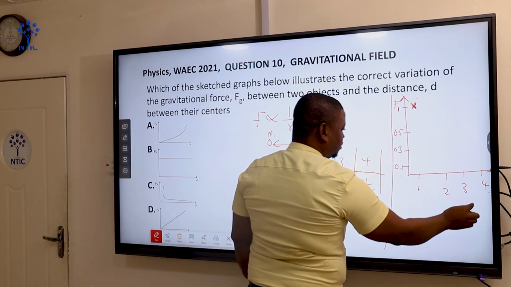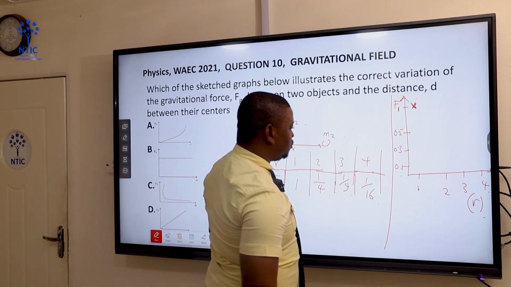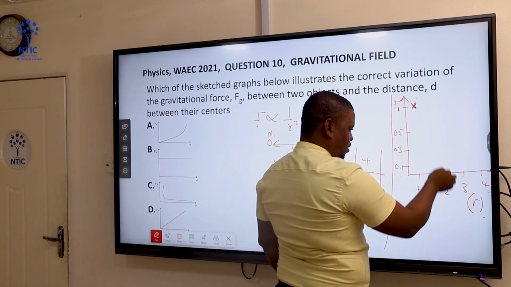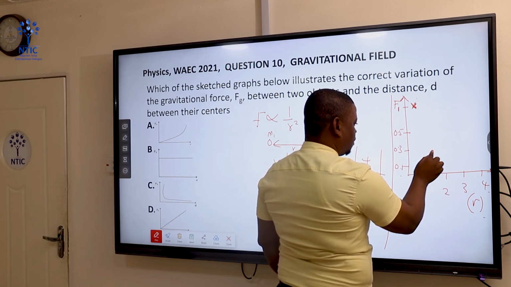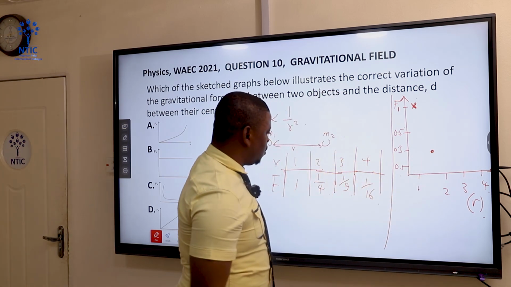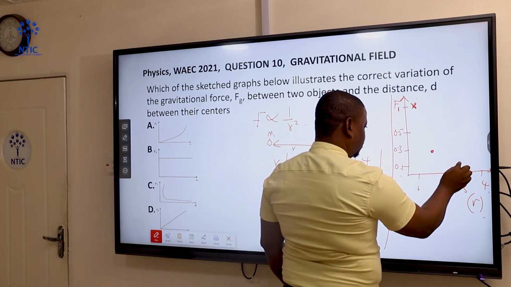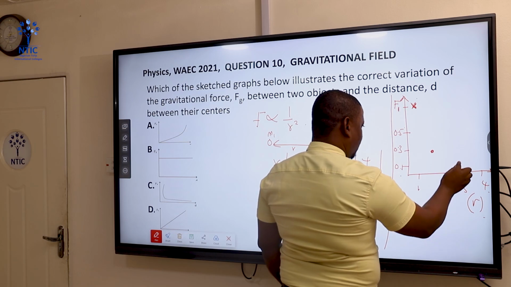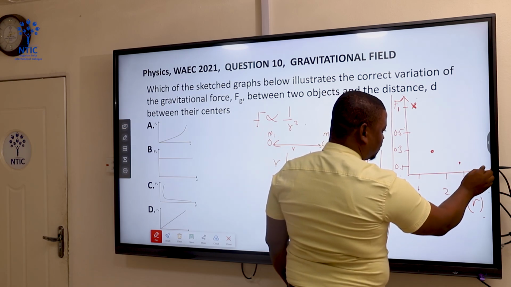So this is the distance. At 2, 0.25, so somewhere here. At 3, 1 over 9, somewhere here. So at 4, 0.0625, I'm going to have, let me say, somewhere here.